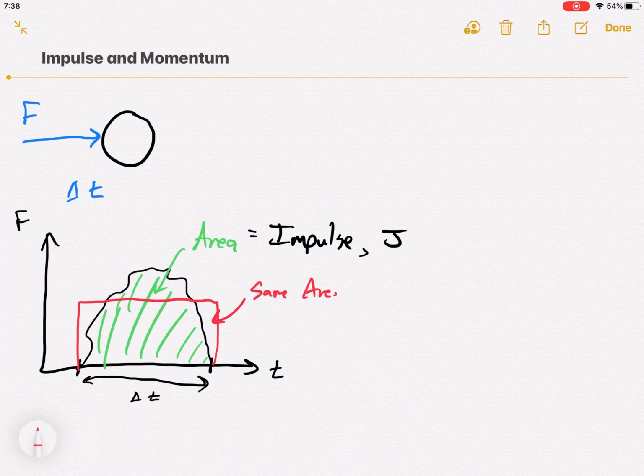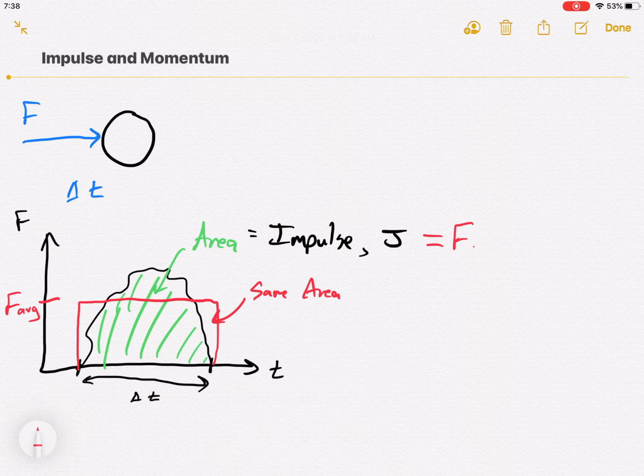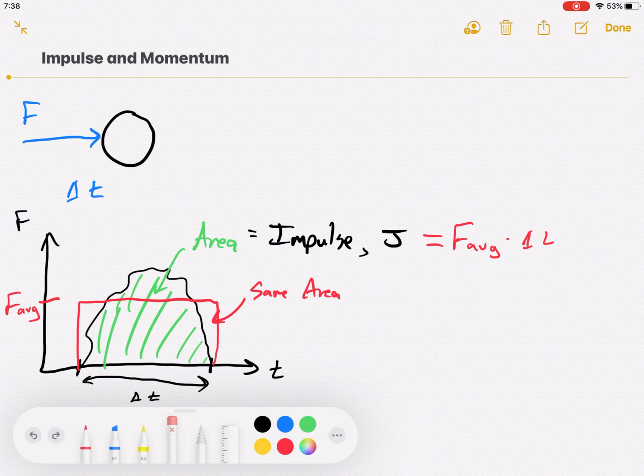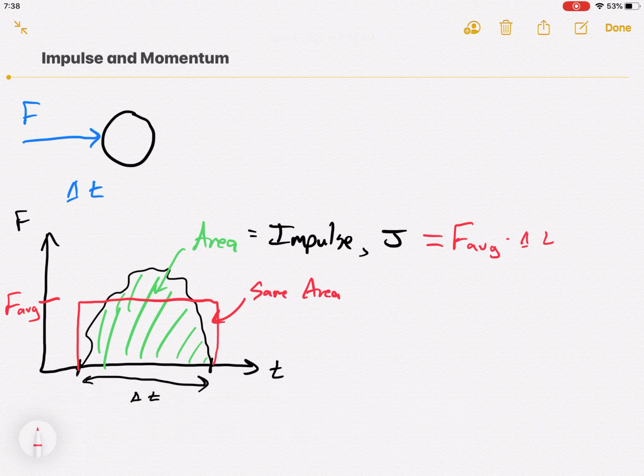And the height of that rectangle could be a good definition for an average force. So another definition for impulse could be F average times delta t. That turns out to be a pretty useful expression. The average force acting over some time.